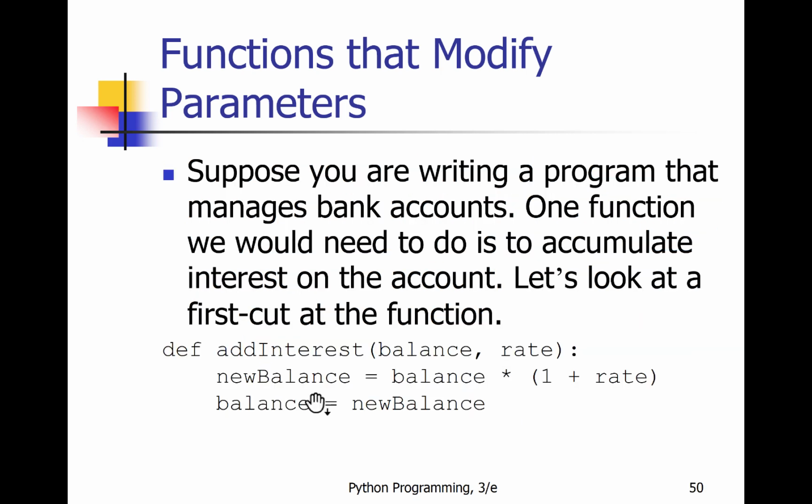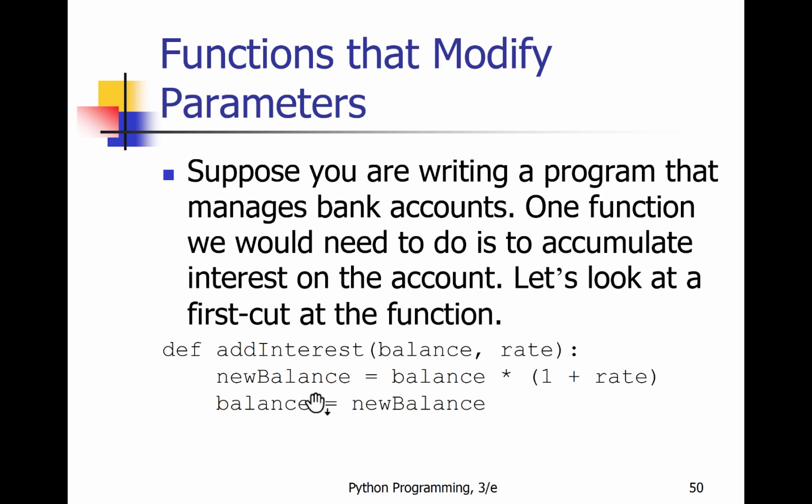Okay. So suppose you're writing a program that manages bank accounts. One function that we would need is to accumulate interest on the account. Let's look at a first cut of the function. So we have the function definition. It's called add interest. You pass it the balance and the rate. And then inside we calculate the new balance is equal to the balance times 1 plus the rate.